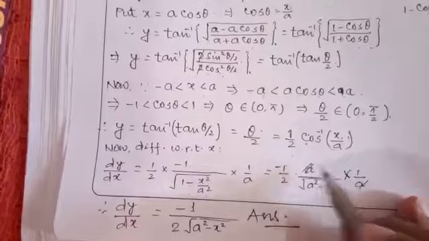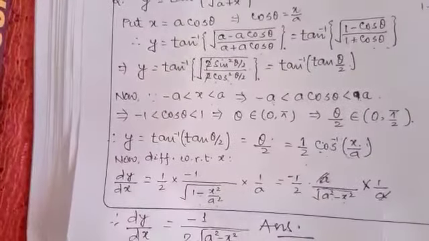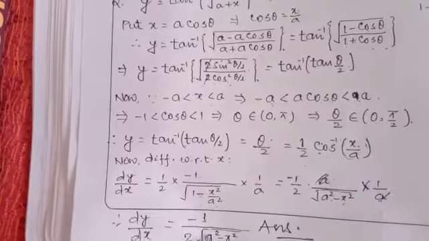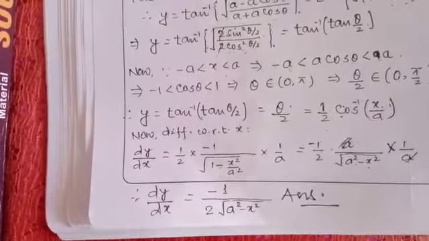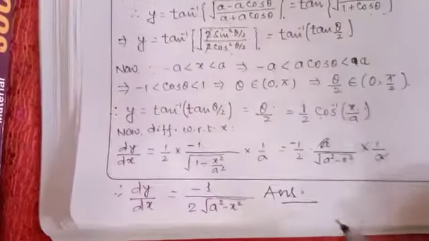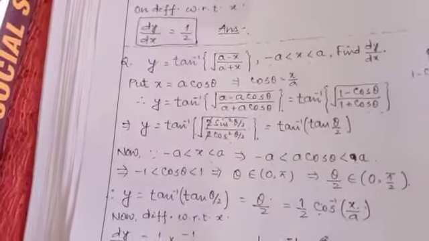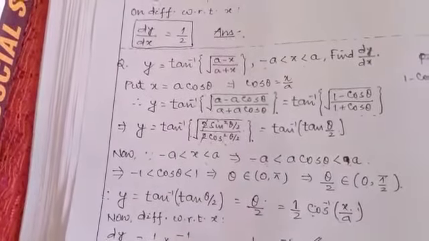Further, a and a cancel. Finally we have minus 1 upon 2 under root a square minus x square, which is the differentiation of the given problem, tan inverse under root a minus x into a plus x.